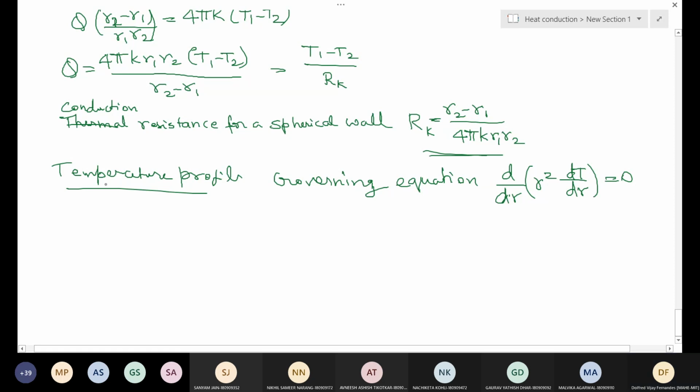So you have to integrate. What do you get? First integration, you will get r squared dT by dr equal to a constant C1. Then by moving r squared to the right hand side, you can write dT by dr equal to C1 by r squared. Integrate again.